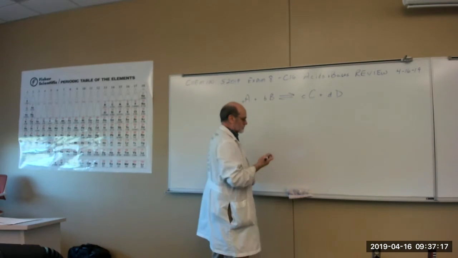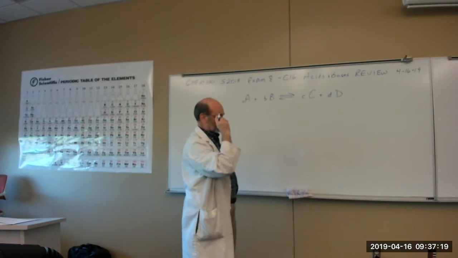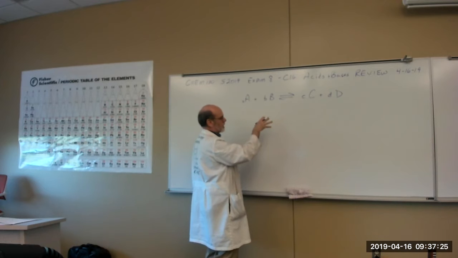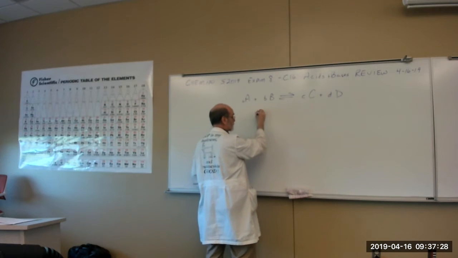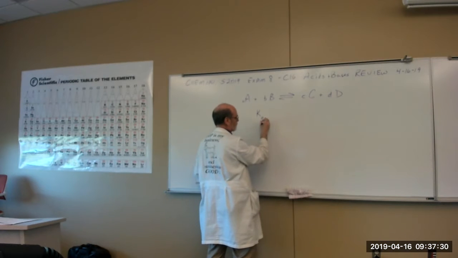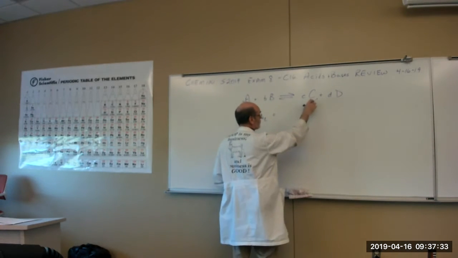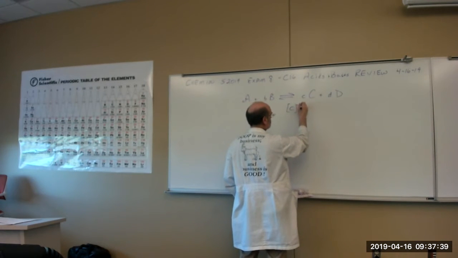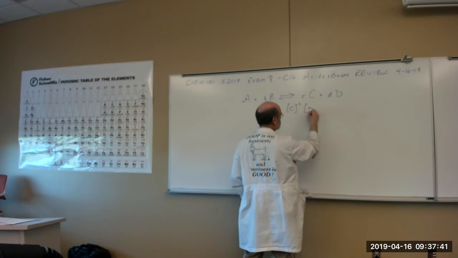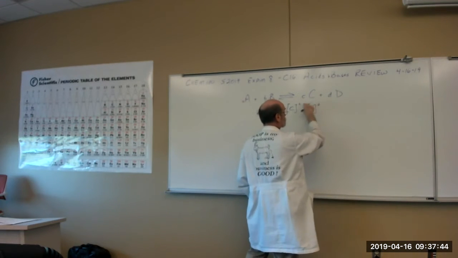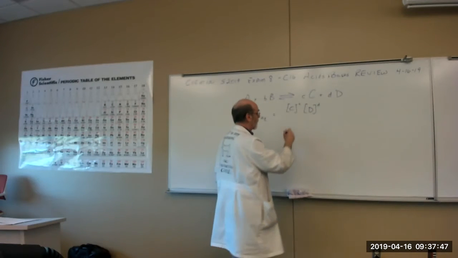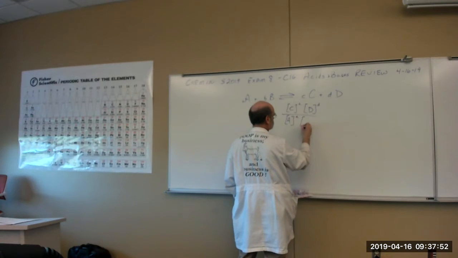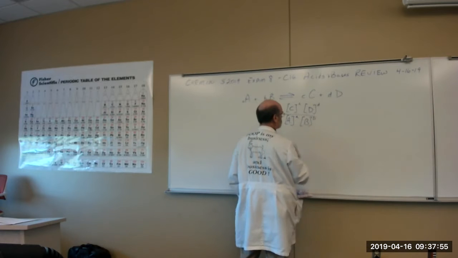Okay. Now, we can express this equilibrium in a formula, and it's equal to a constant value. You just take the products and multiply them together with their coefficients as powers. Okay. And then the reactants likewise.